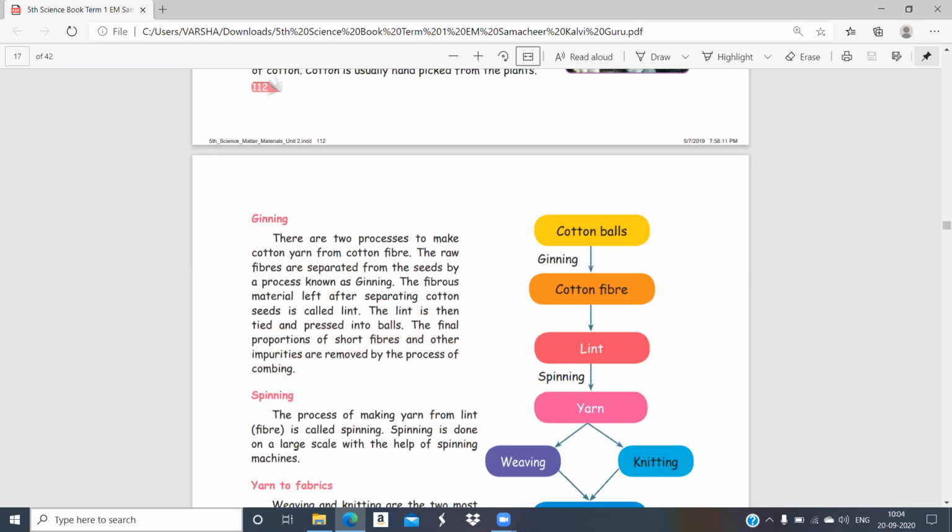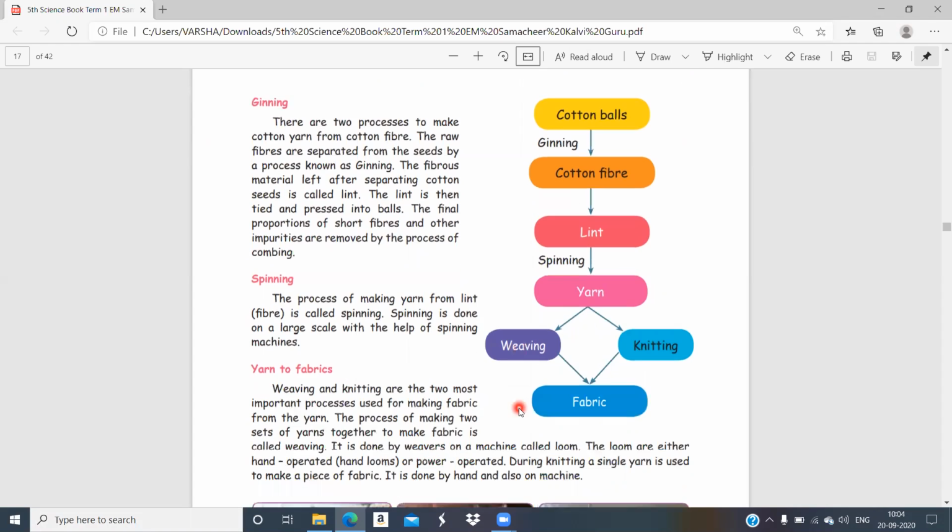Ginning is the process by which the raw fibers are separated from the cotton seed. What is left is called lint.